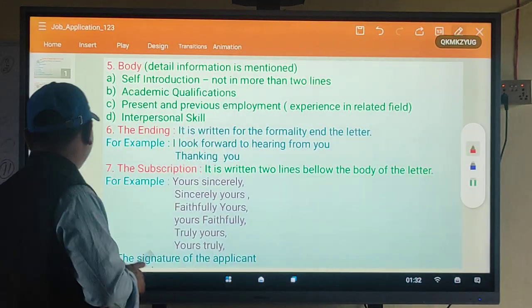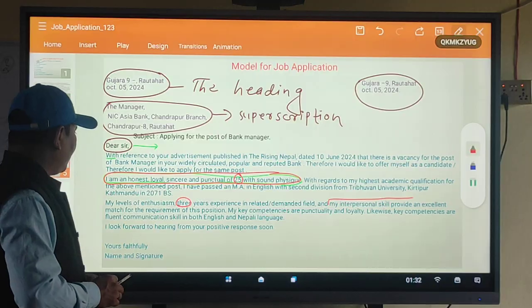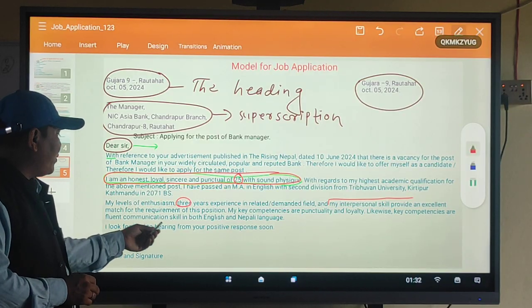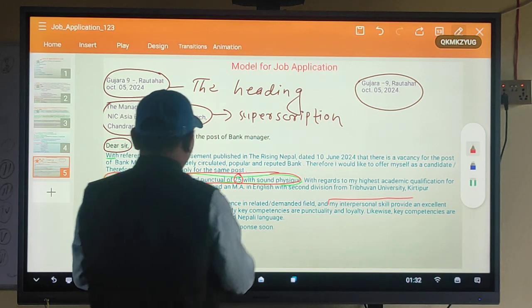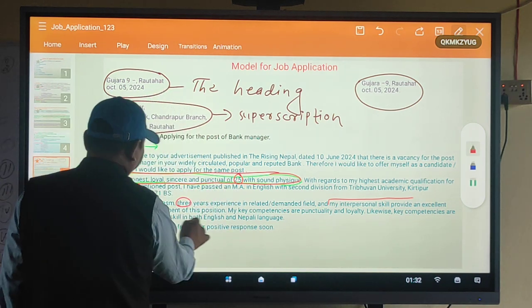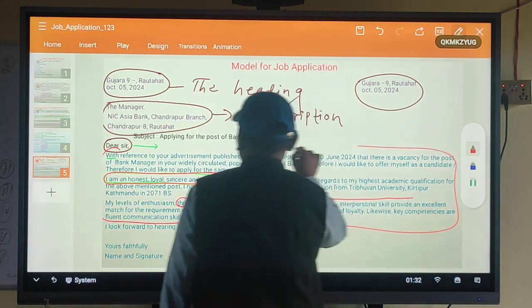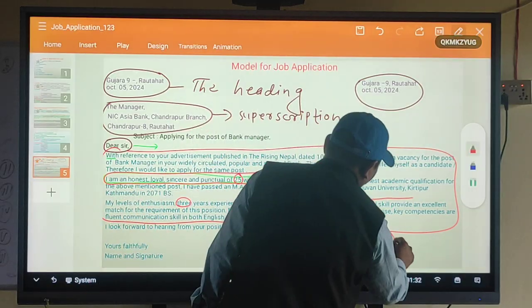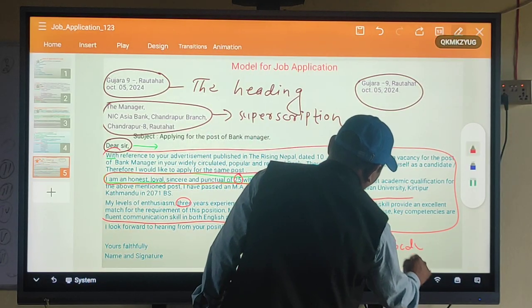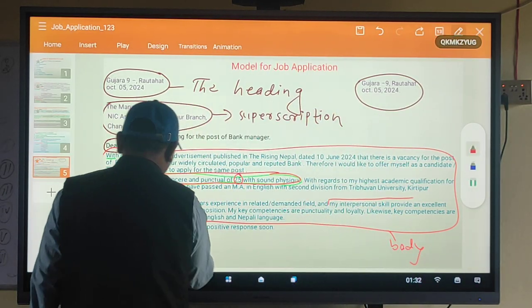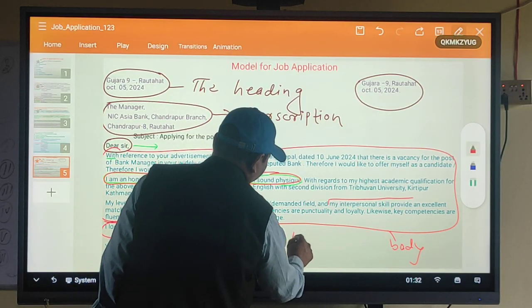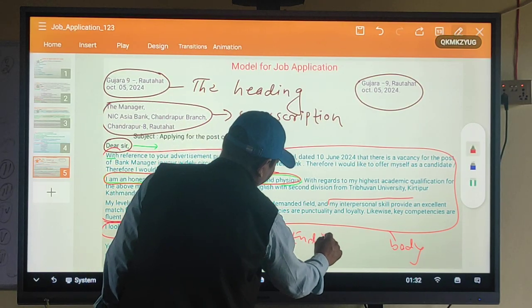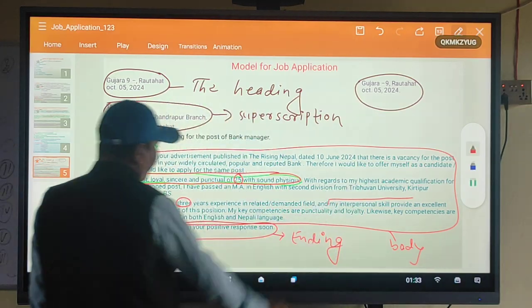Okay, look at this. I look forward to hearing from your positive response soon. This one is body part, and this one is ending part.